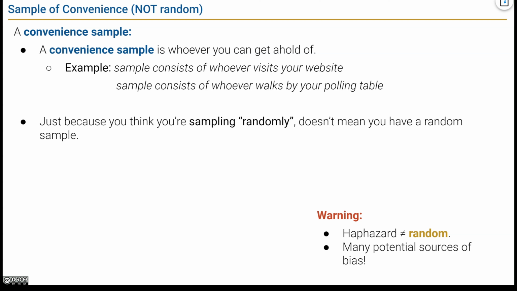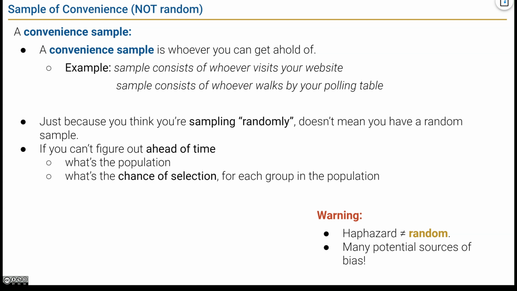I don't actually have what we're calling a random, aka probability sample. Because if you can't figure out ahead of time what's the population, so who's going to visit your website and what's the probability they're going to visit your website, and what's the probability you select them for each group in the population, then you don't have a random sample.